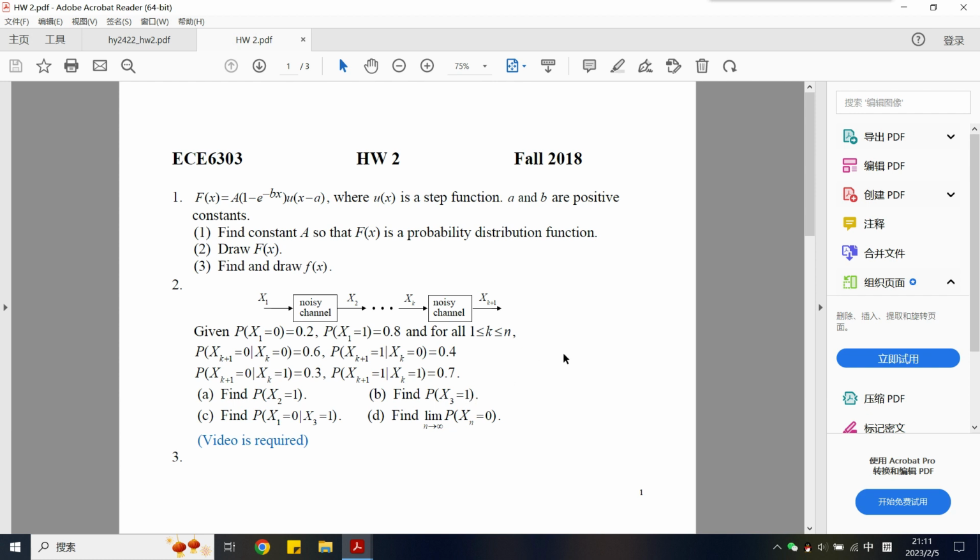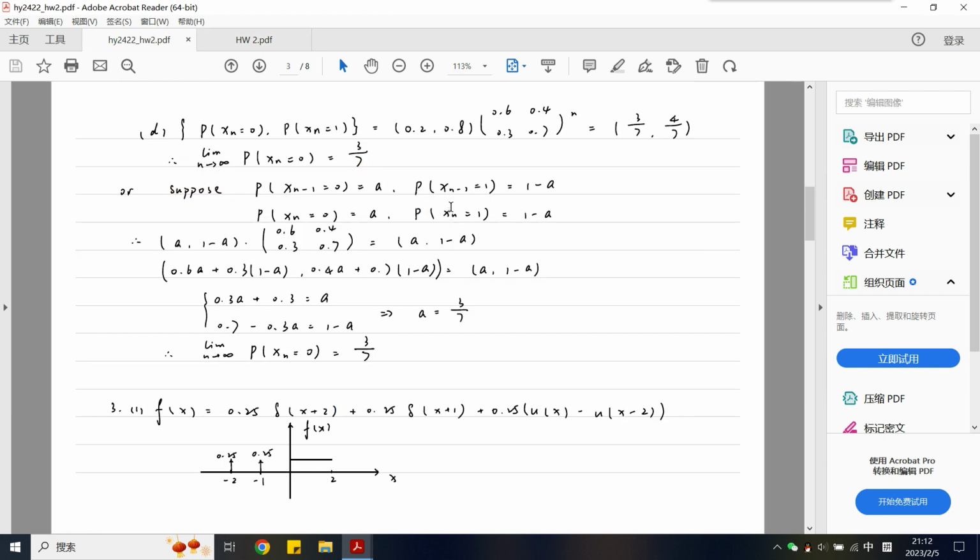The final question is, when n equals infinity, we need to find the probability that xn equals 0. There are two ways to find this.